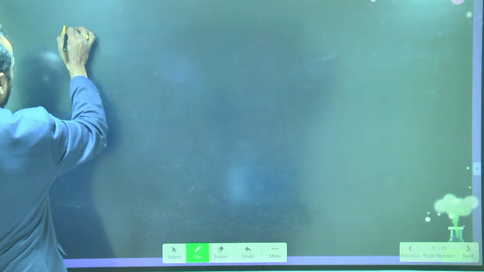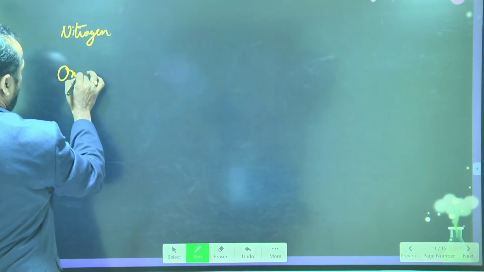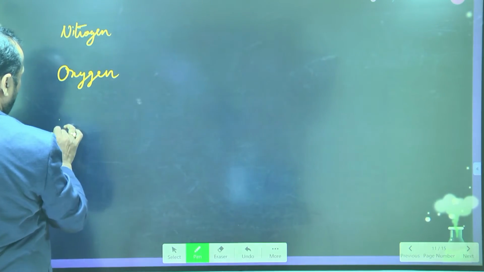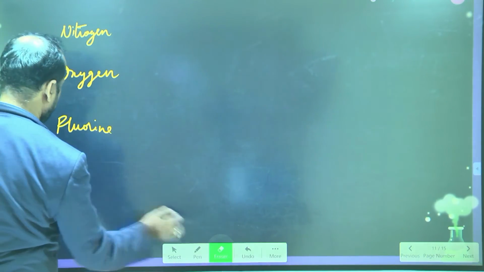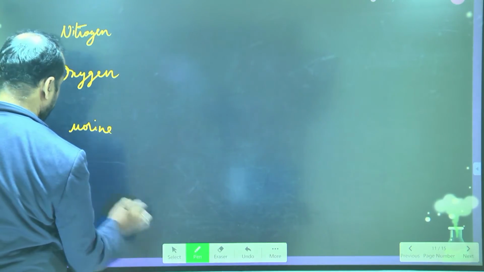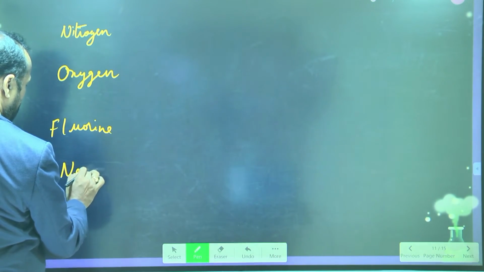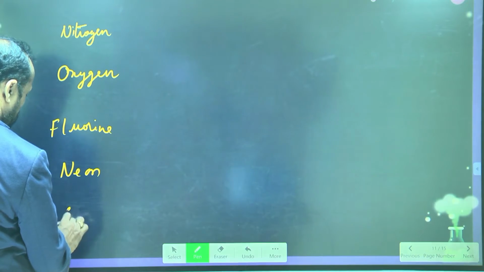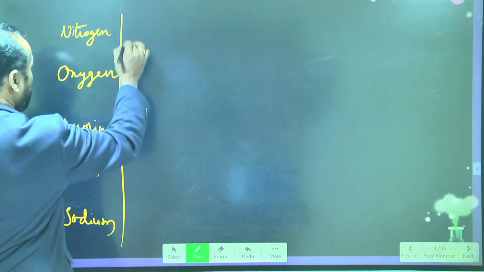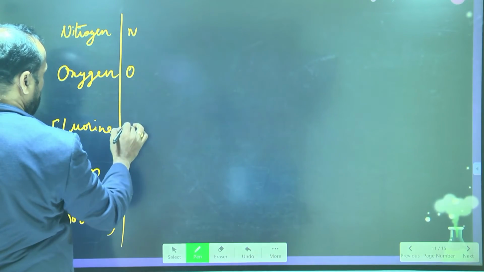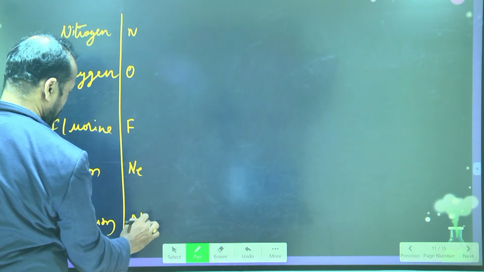After carbon, nitrogen, oxygen, fluorine, neon, sodium. The symbols are nitrogen N, oxygen O, fluorine F, neon Ne, sodium Na.